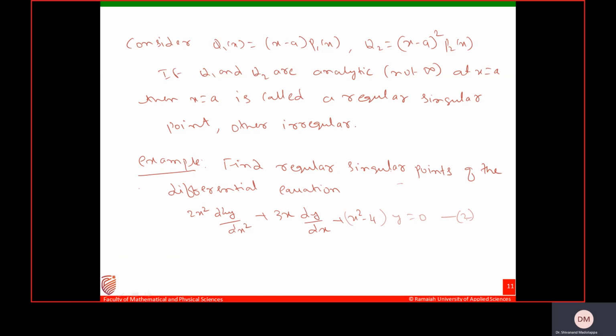This is equation number 1. We consider this as equation number 1.